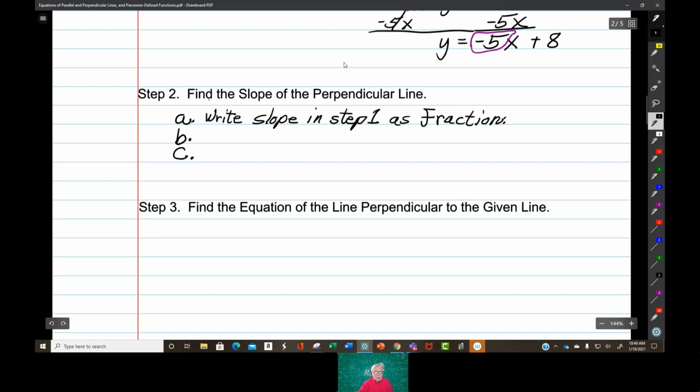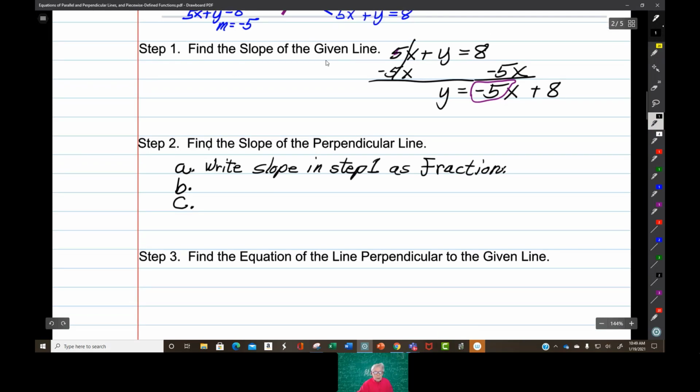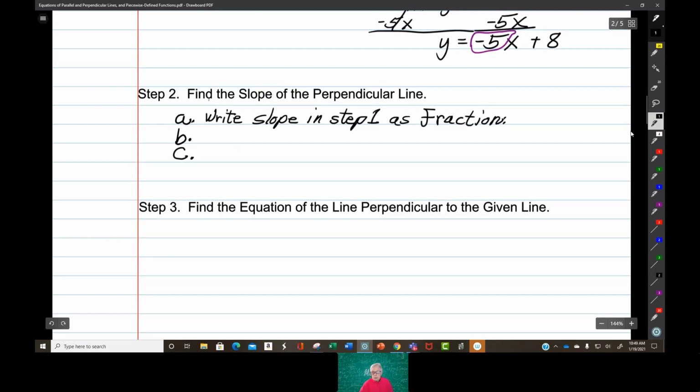So the slope of the given line is negative 5. Negative 5 is not a fraction, but I can always write it as a fraction. Negative 5 divided by 1 is negative 5. They're exactly the same number, but they're expressed differently.